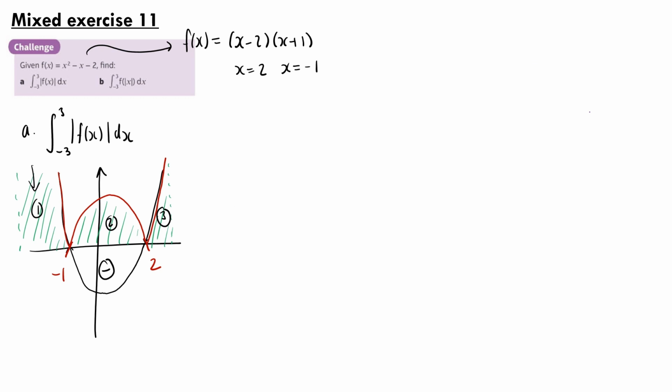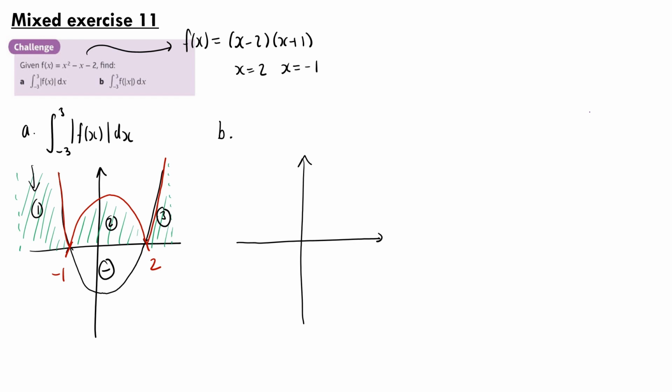Okay, and for part B, we're going to be doing something quite similar, but instead of having the modulus of f of x, we've now got f of the modulus of x. So very slightly different, but the curve will actually look very different. So instead of flipping everything underneath the x-axis above it, we're just going to have the curve reflected.